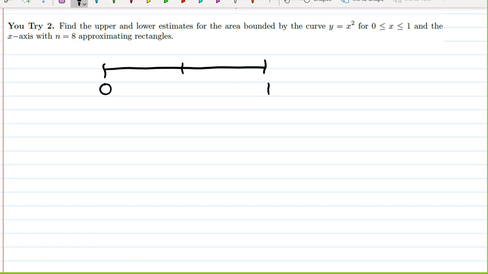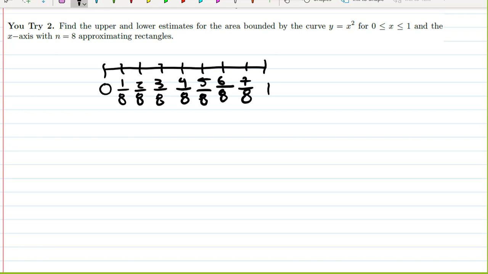So there's a half, there's our quarters, and then we would have our eighths. So that's 1/8, 2/8, 3/8, 4/8, 5/8, 6/8, 7/8, and 1 is the same as 8/8, and 0, if we need it, is the same as 0/8, right?